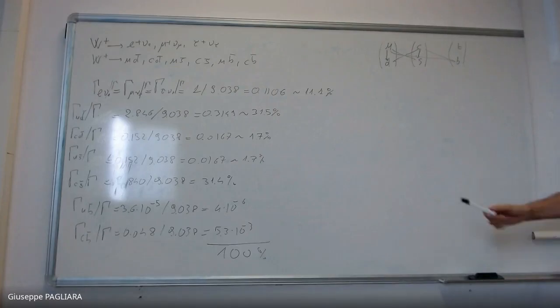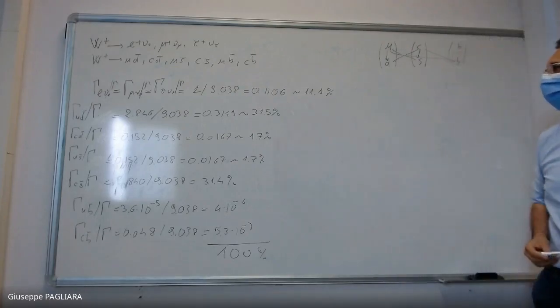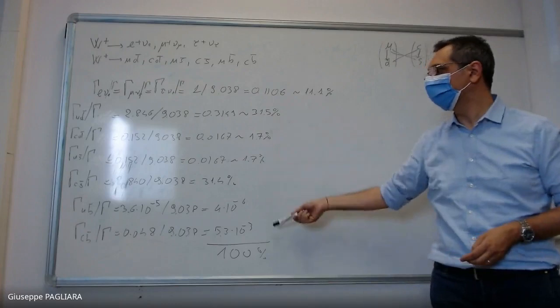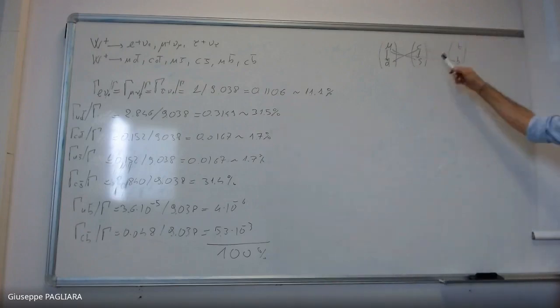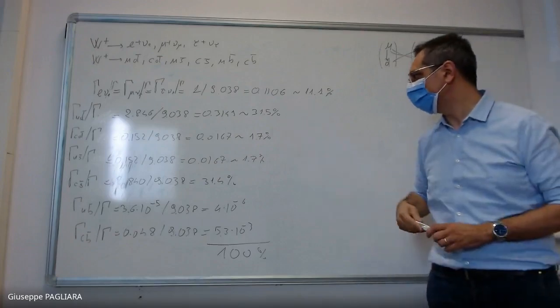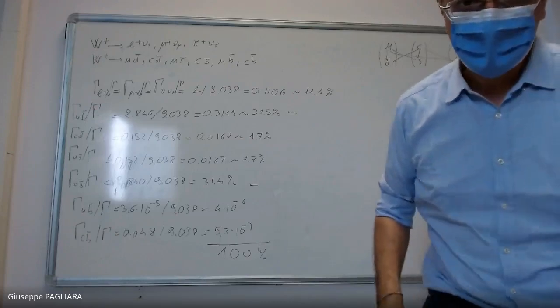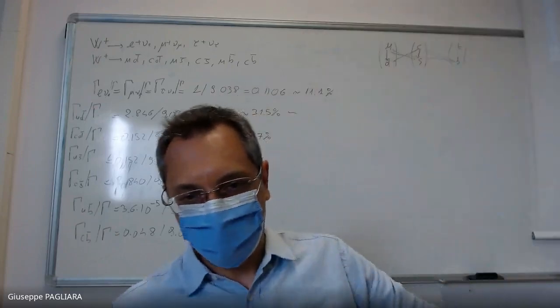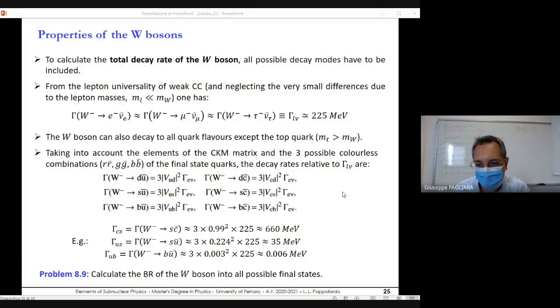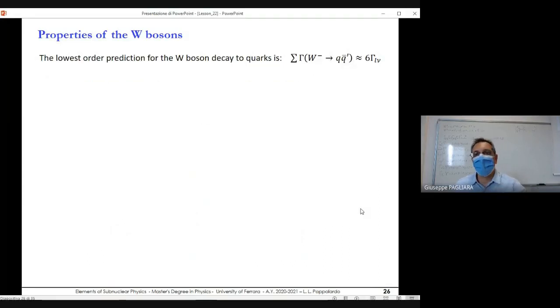Okay, so the three leptonic decay modes are about 11%. Then we have the quark modes, which vary a lot depending on the CKM matrix, so depending on which kind of transition we have between the four families. You can have sizable contributions like this one, and you can also have very small contributions from others.